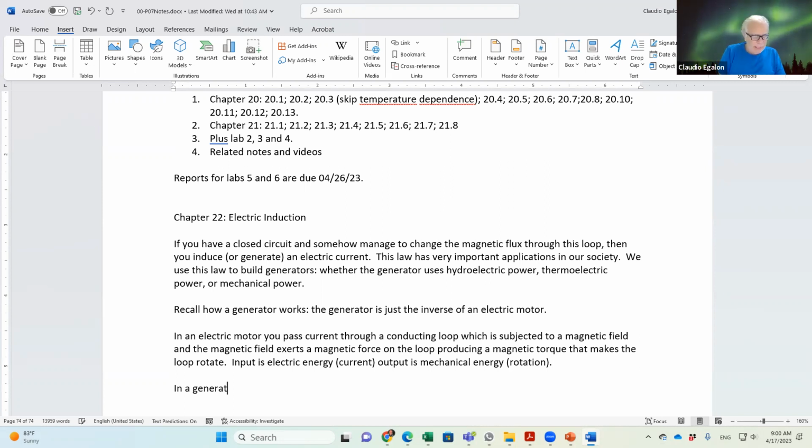Okay, in a generator, what do you do? In a generator, you have a conducting loop subjected to a B field. So the elements are the same.